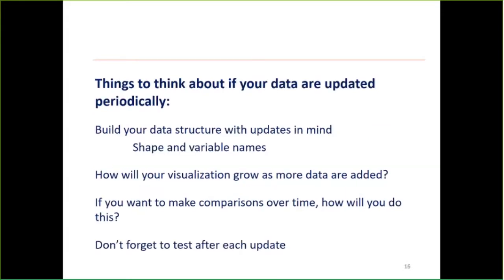So some things to think about if your data are updated periodically. You want to think about your data structure, because if you're using data to create a line chart or a scatter plot, the shape of the data that you're presenting may be different. You may want your categories and then some summary of each category.